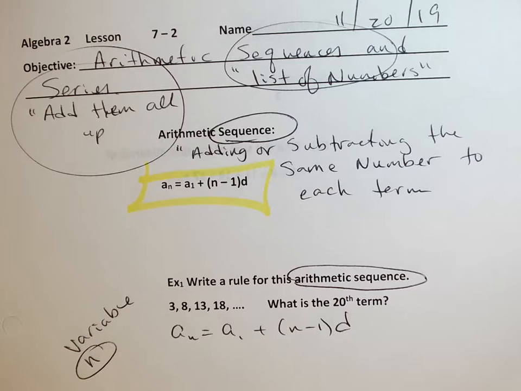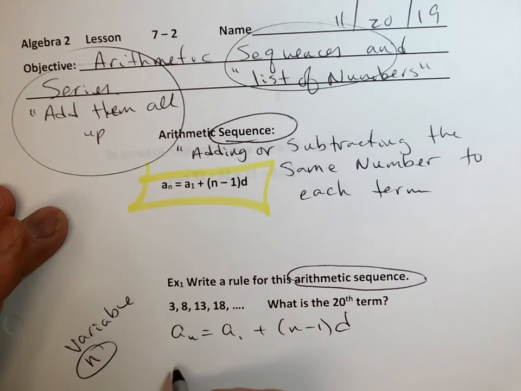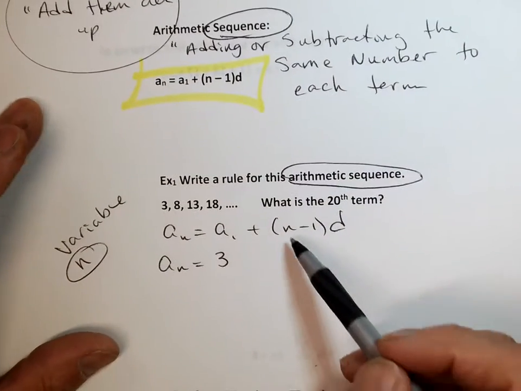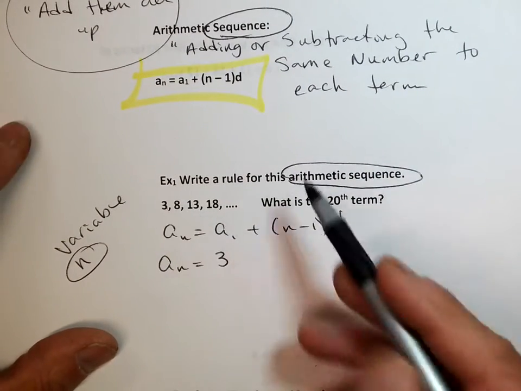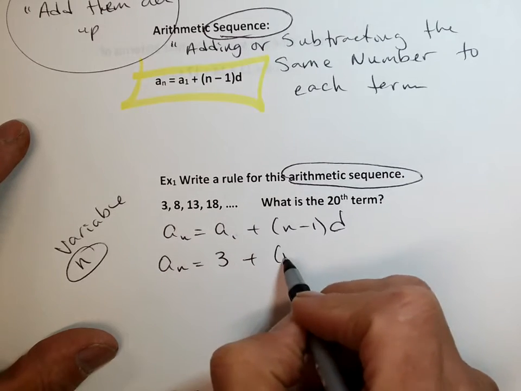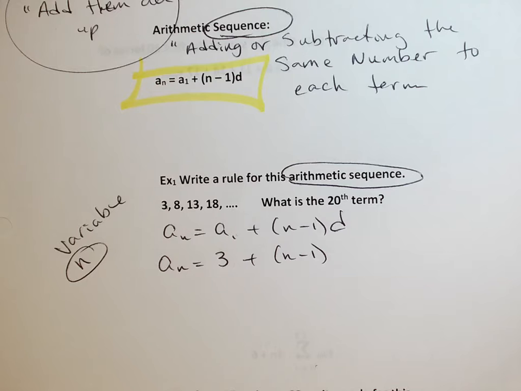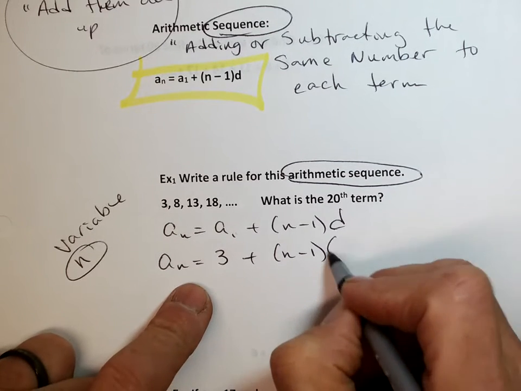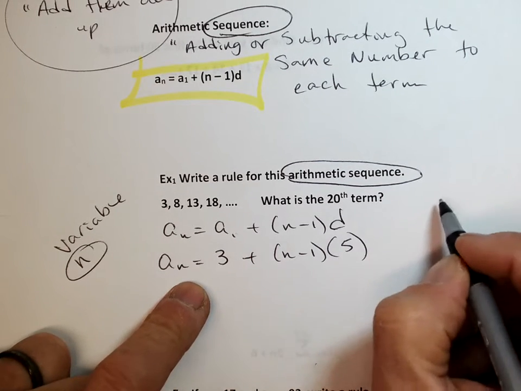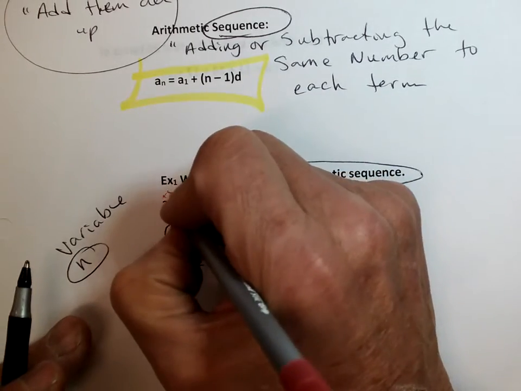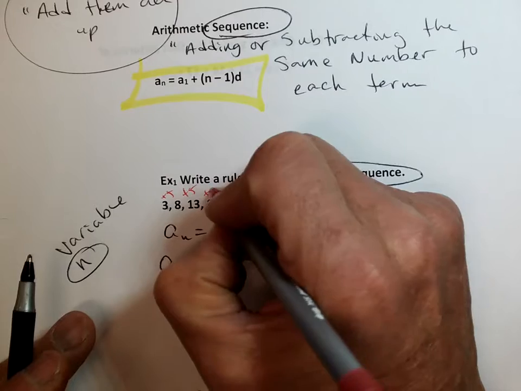So n stays n. We're going to go A of n equals 3, because 3 is my first term, plus n minus 1, keeping n as a variable, times 5, because the difference is 5. I'm going plus 5, plus 5, plus 5.